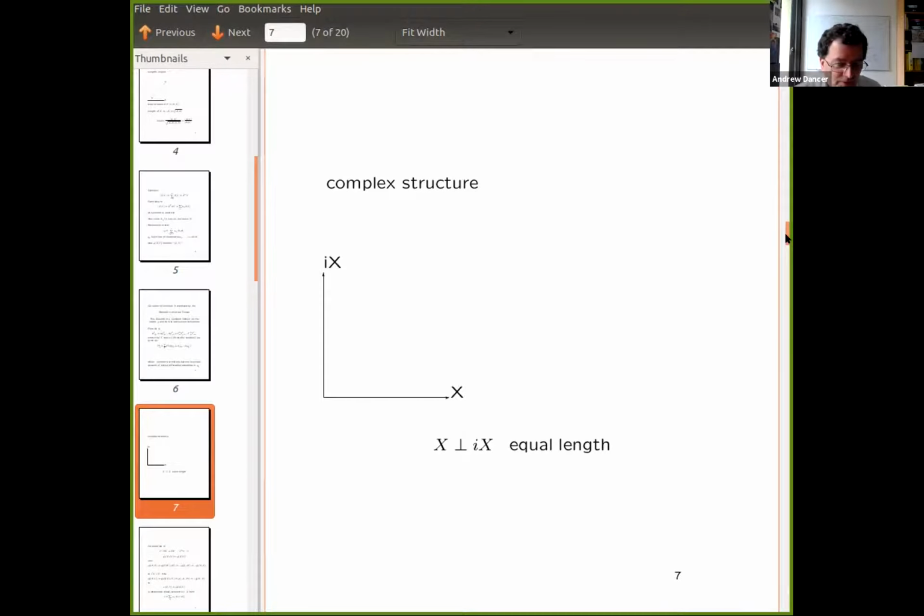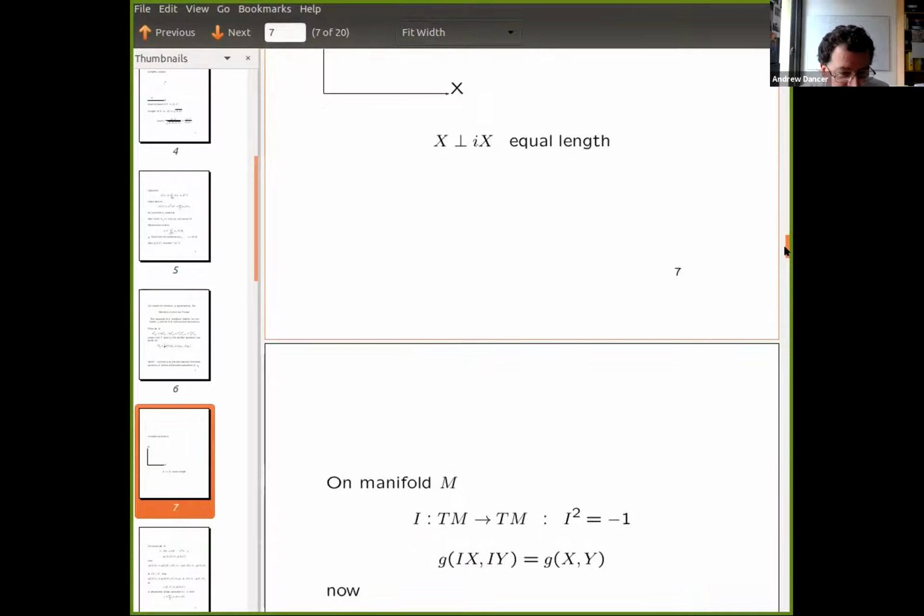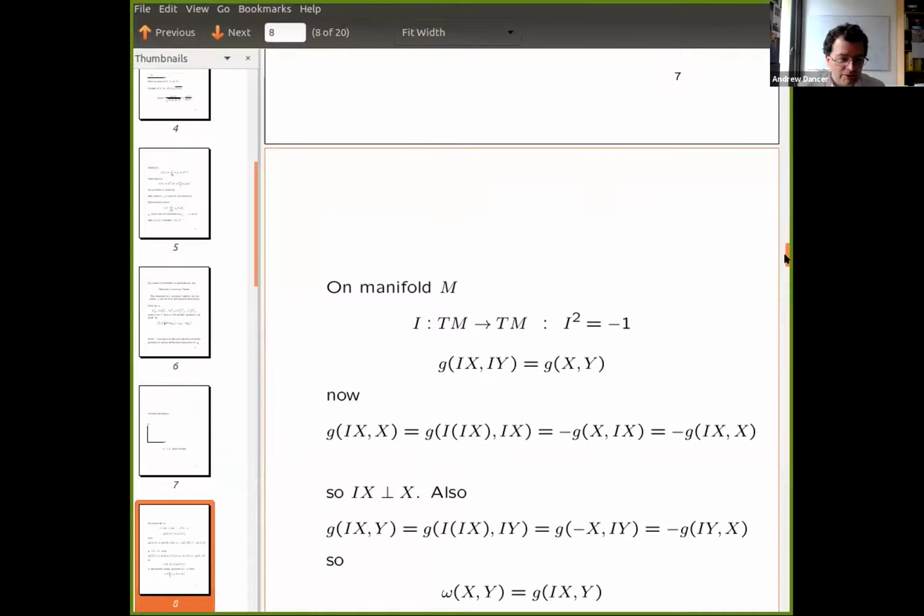So a complex structure on a manifold, roughly speaking, is something that generalizes the idea of multiplying by i. So what should that be? That should be a map of tangent vectors on the manifold. Don't worry about the notation. TM basically just denotes the manifold and the various tangent vectors at the various points of it, the tangent bundle of the manifold.